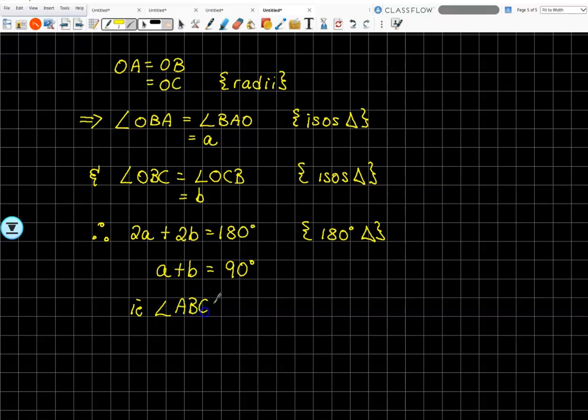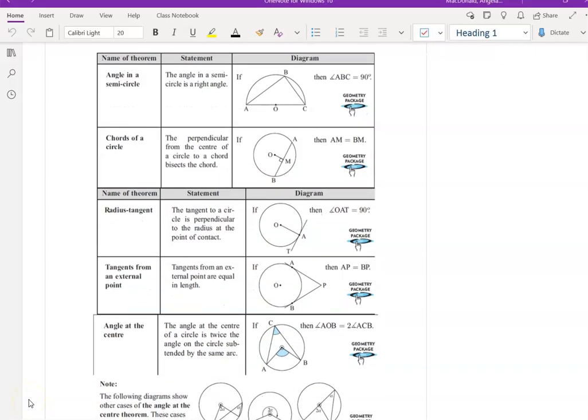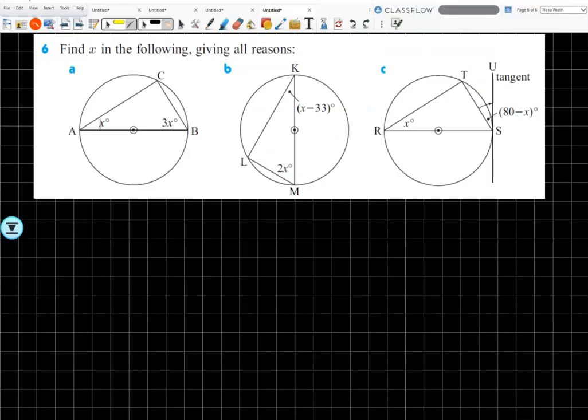So find your tab on OneNote and you've got these here. You can keep these open on your laptop. You're looking at the first one and you're looking at all those theorems and you're going matchy matchy. Which theorem is this?